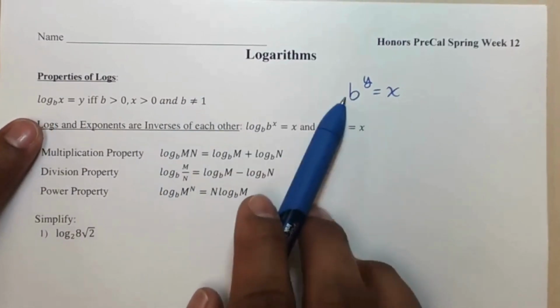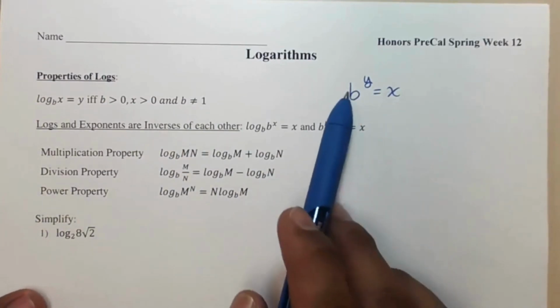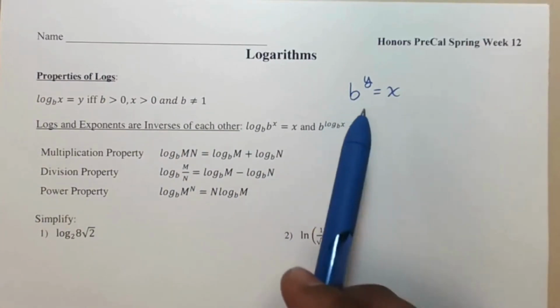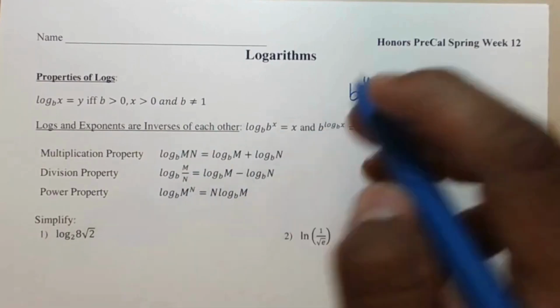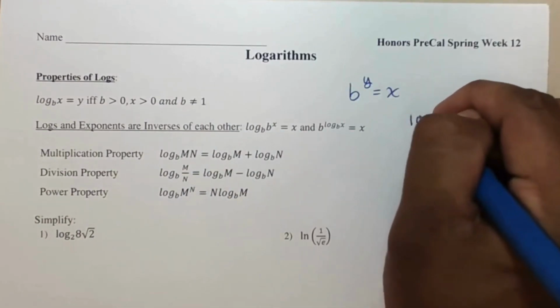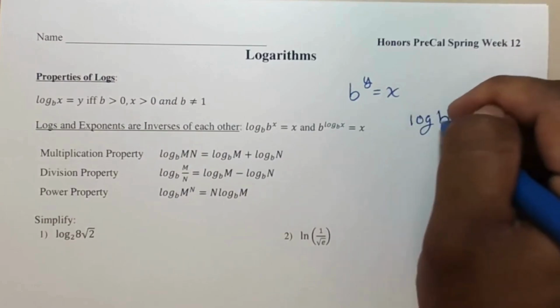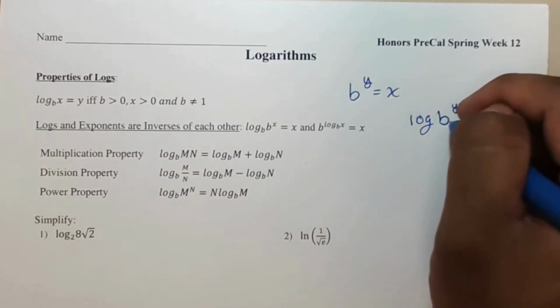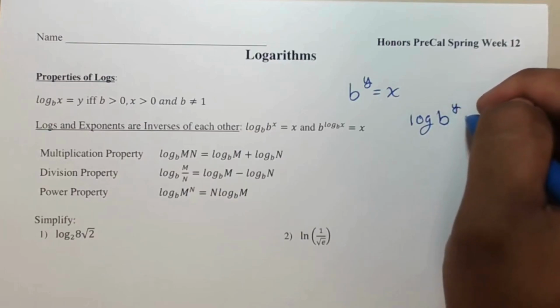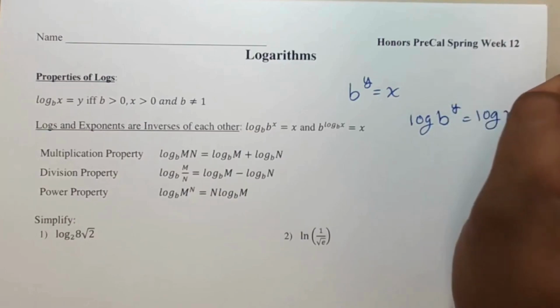There is another way that we've already talked about and reviewed on how to solve a problem like this. What we could do is log both sides. So if I log both sides, we get log of b to the y, that's not base b, that's just log of b, equals log of x.